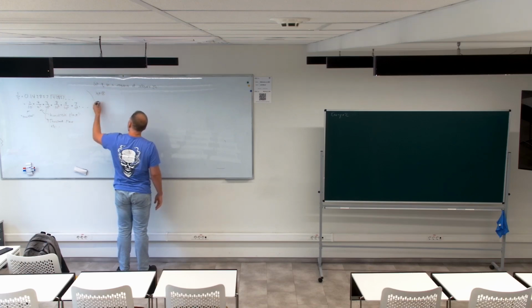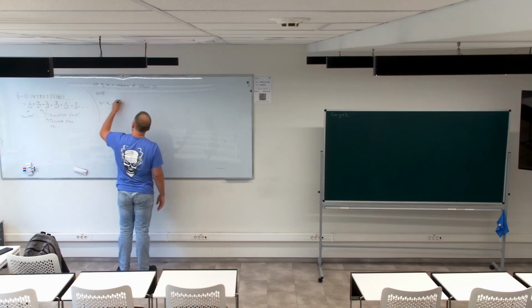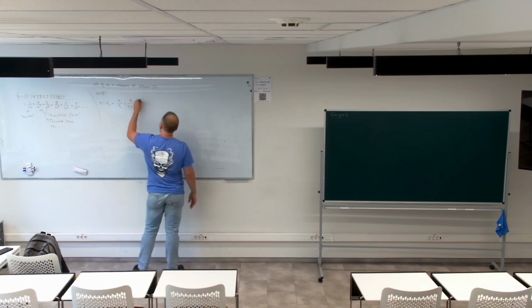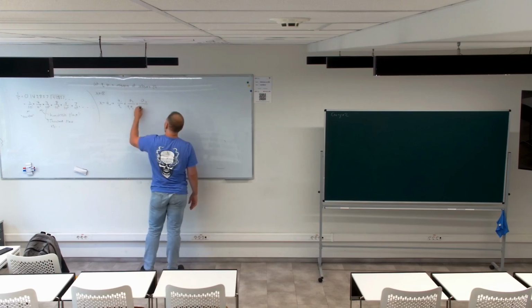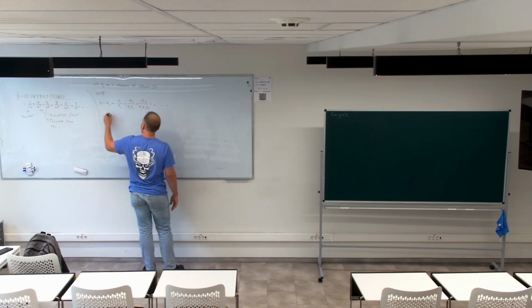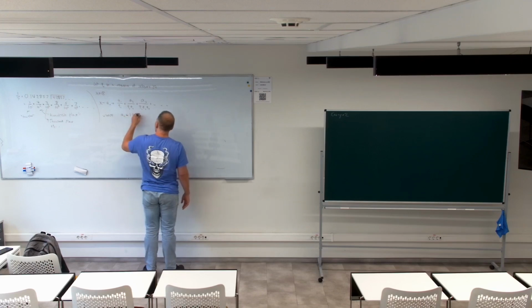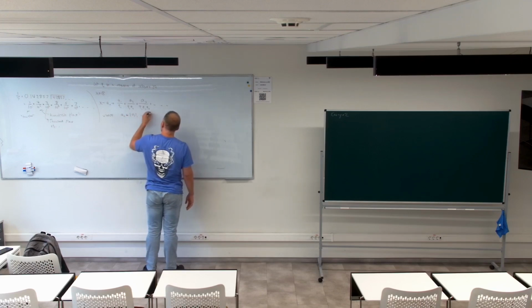And I claim that we can write x in the form a0 plus a1 divided by q1, plus a2 divided by q1 q2, plus a3 divided by q1 q2 q3, and so on. Where an is between 0, 1, up to qn minus 1.